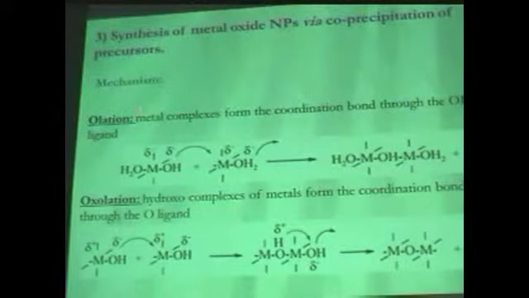In the first one, olation, the aqua and hydroxy metal complexes form a coordination bond through the hydroxy bridge, and one water molecule goes out. In the oxolation mechanism, two hydroxyl complexes of metals form a coordination bond through an oxygen bridge, and also a water molecule goes out.